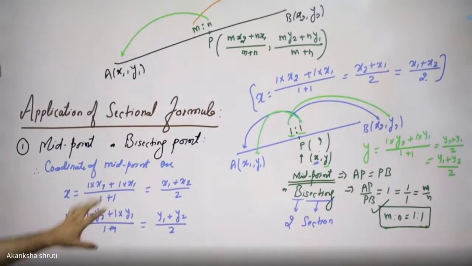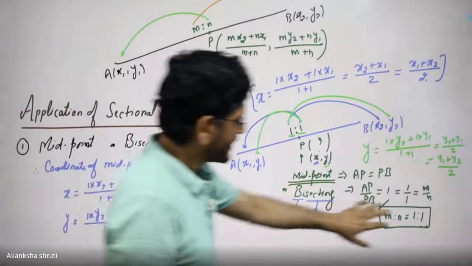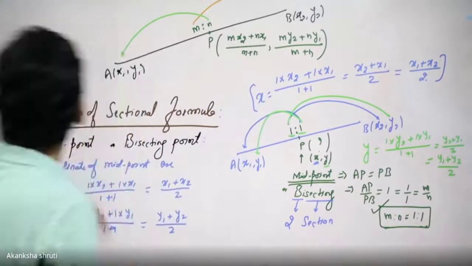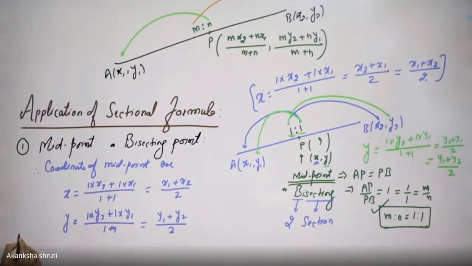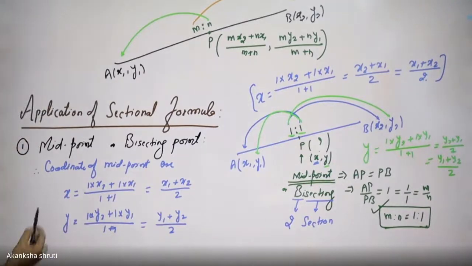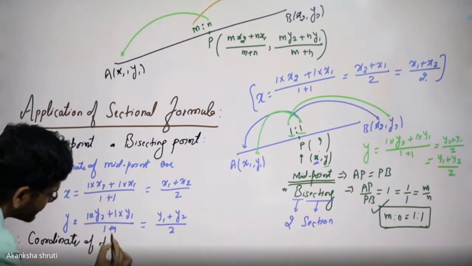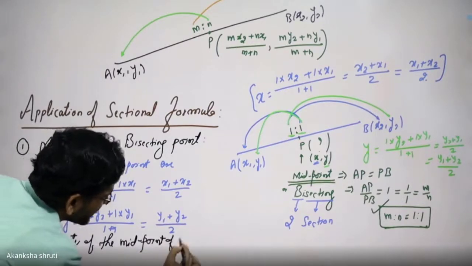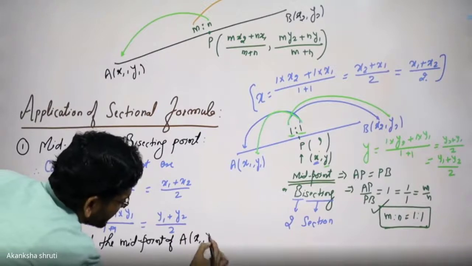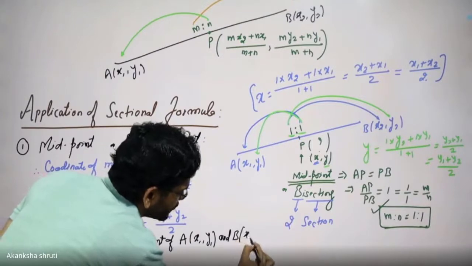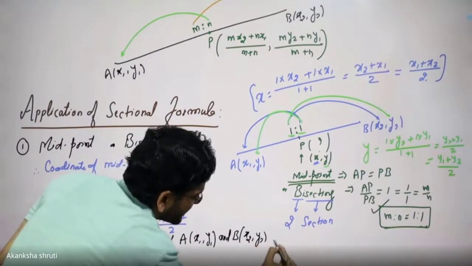Students, rather than doing this calculation and understanding it again and again, we are writing this as the formula. Therefore, the coordinate of the midpoint of A, which is x1, y1, and B, which is x2, y2, is how much?